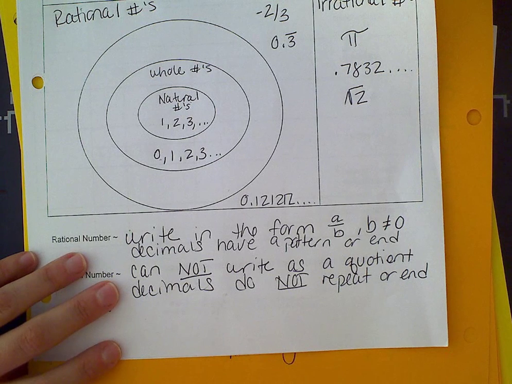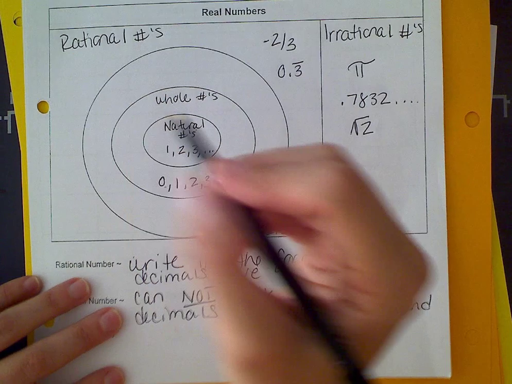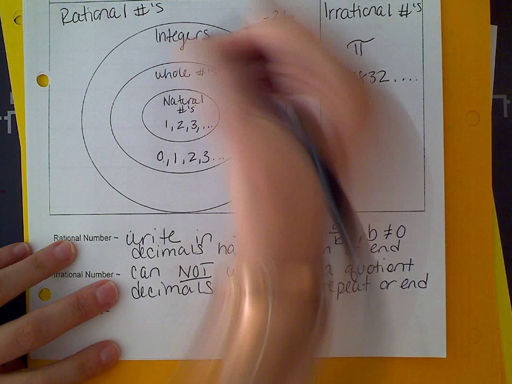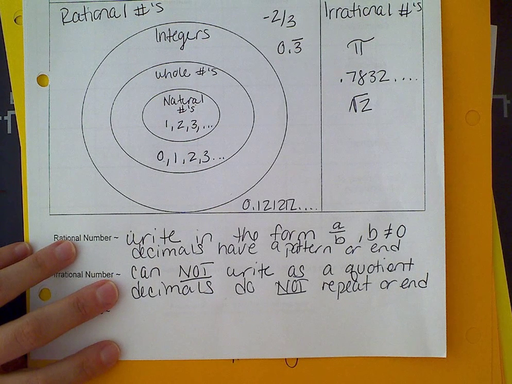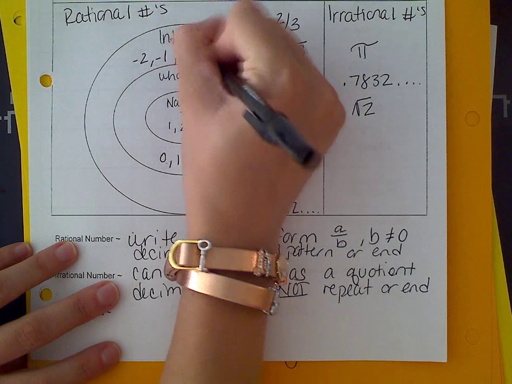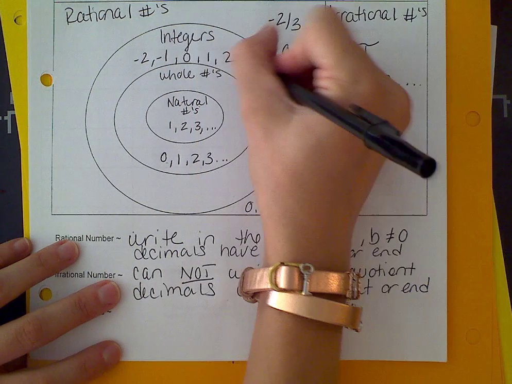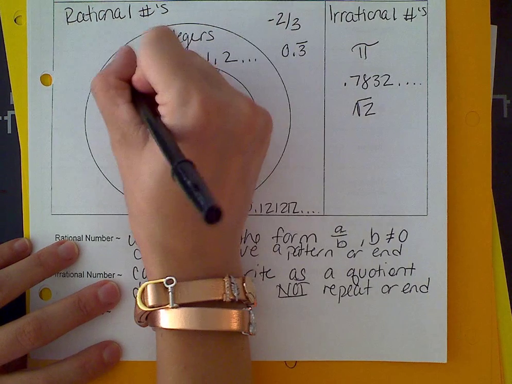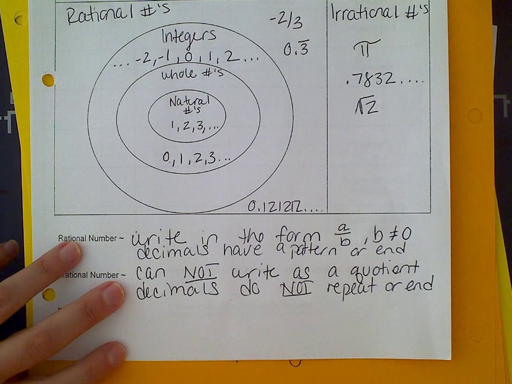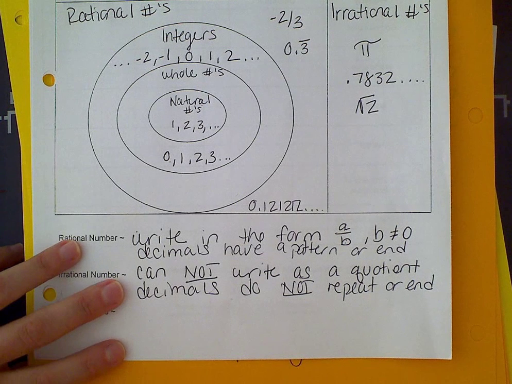Well, then they went one step further to integers, where they added on negative numbers. So they have -2, -1, 0, 1, 2. They have positive and negative numbers. Now in your homework, they'll try and trick you.